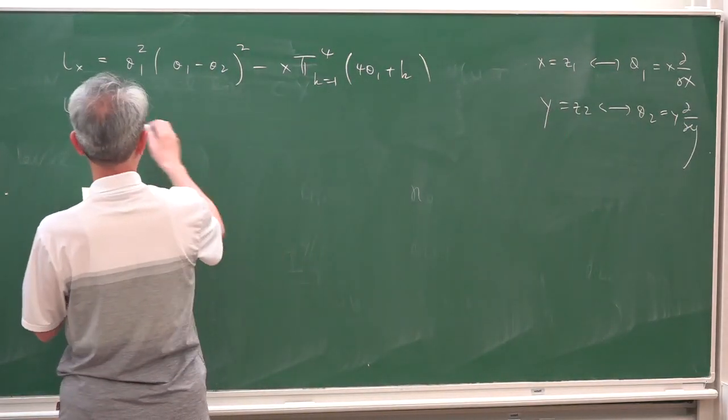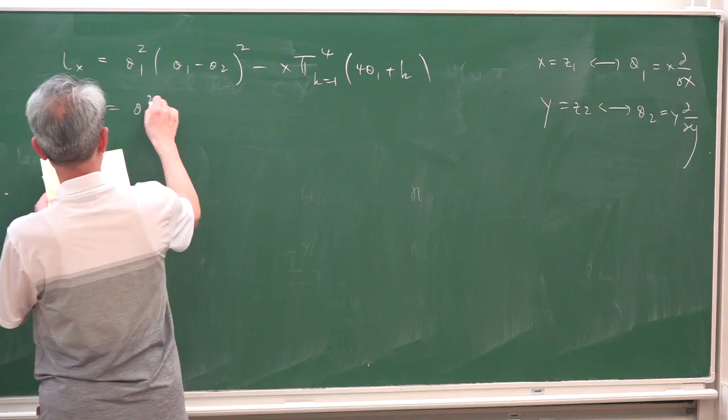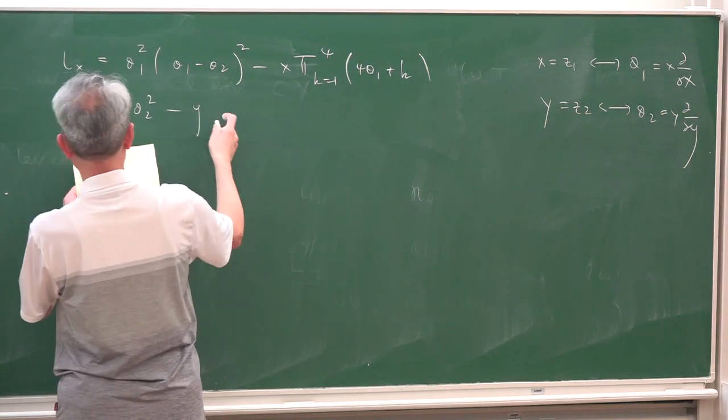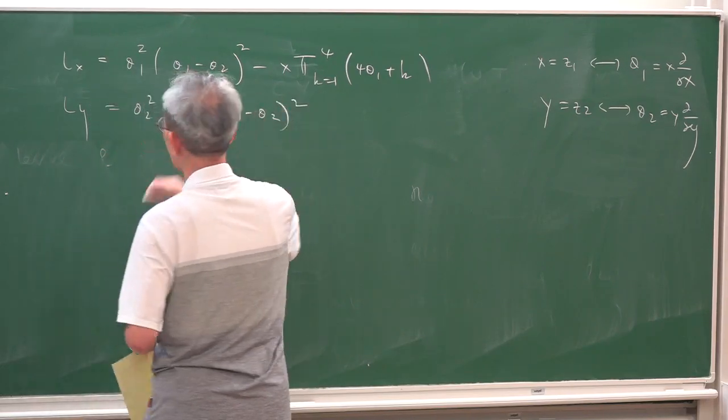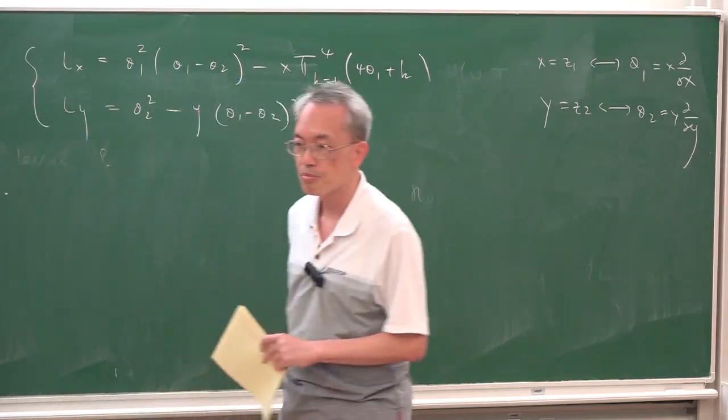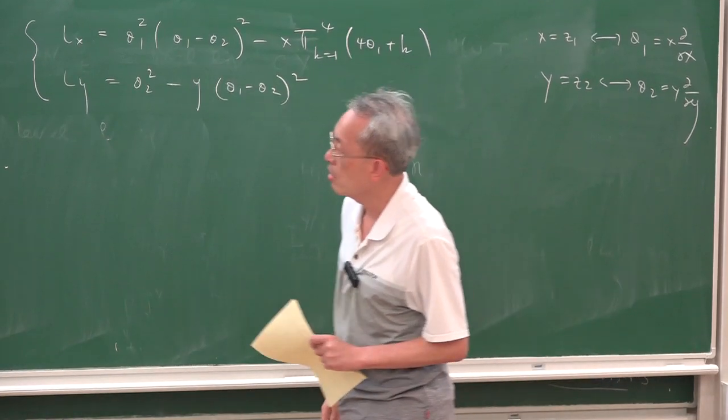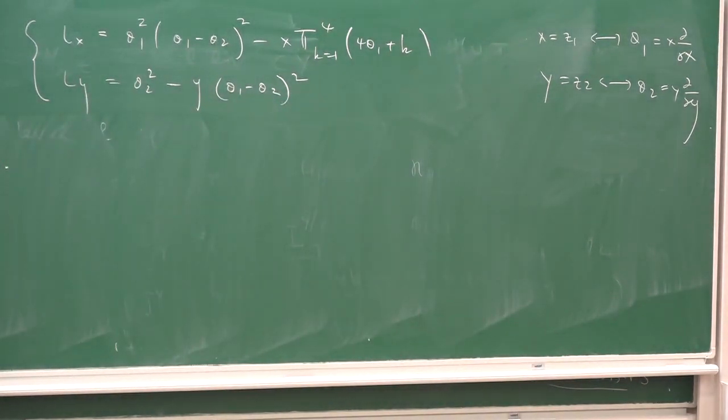The equation becomes theta 2 minus y, theta 1 minus theta 2 squared. That's the Picard-Fuchs system. And this is a famous example of, you see, this is conifold number 1. And this is conifold number 2.